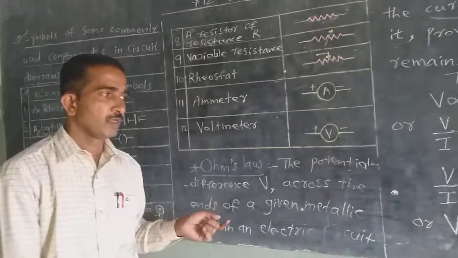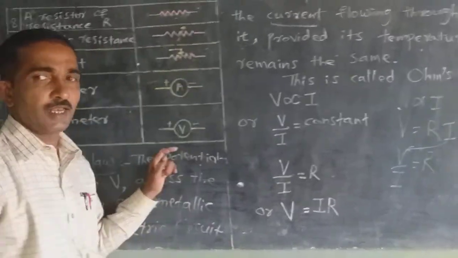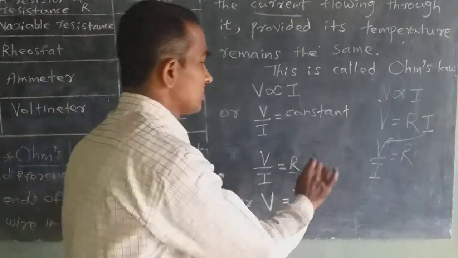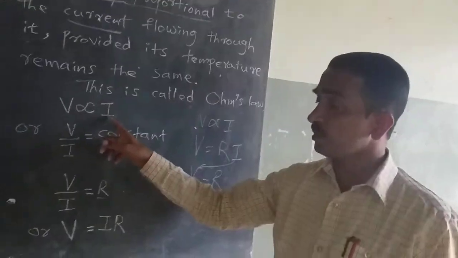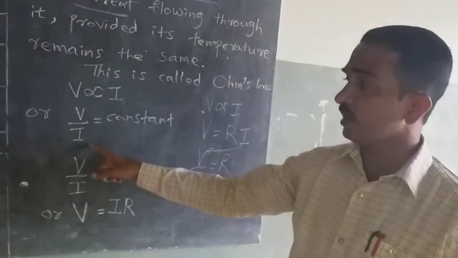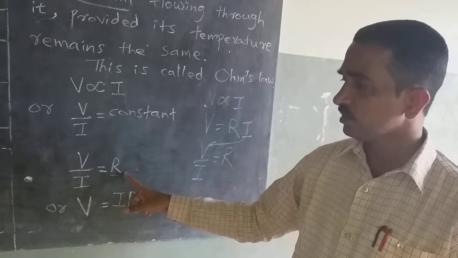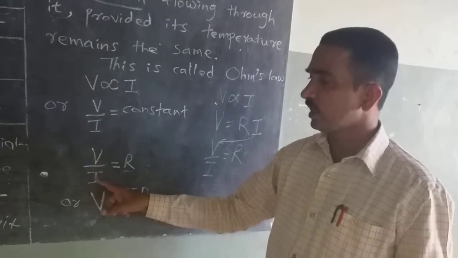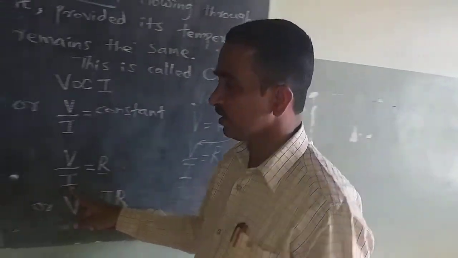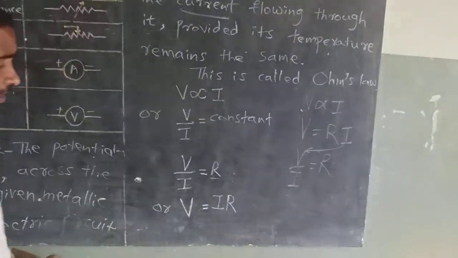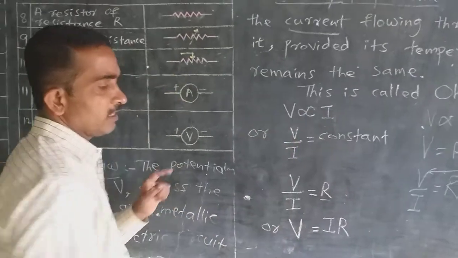R. V means potential difference, I means electric current, R means resistance. V directly proportional to I, or V by I equals a constant. It means V by I equals R, or V equals, take this again to the right side. I is in the denominator now, it goes to the numerator. V equals, this one goes to the right side, I into R.